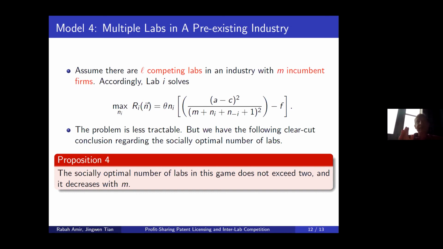If you have a single innovator and no existing firms, you actually get a very extreme market structure. That's the first model. You get monopoly. As soon as you have 2 labs and no incumbents, you get the socially optimal number of firms. And when you add incumbents to either model, either monopoly lab or duopoly lab, they actually change the results.